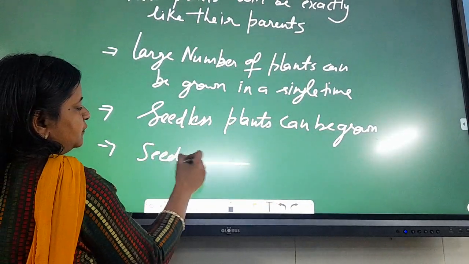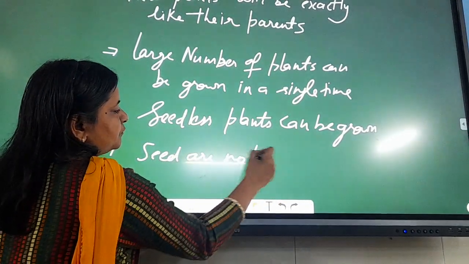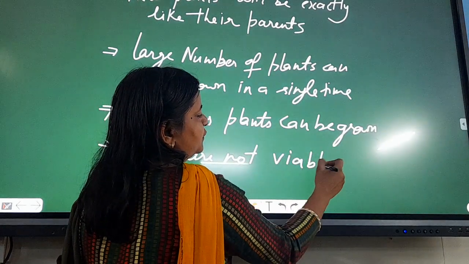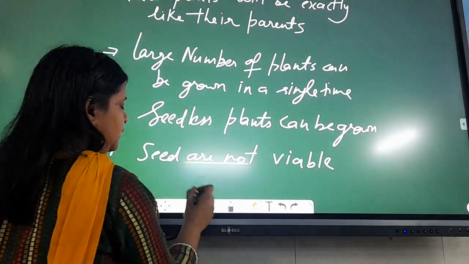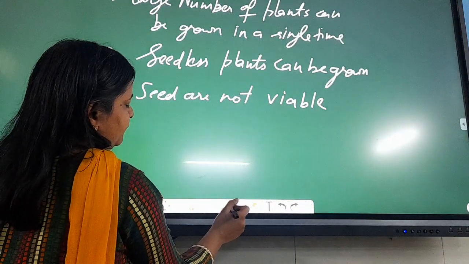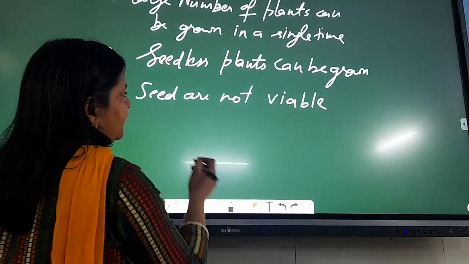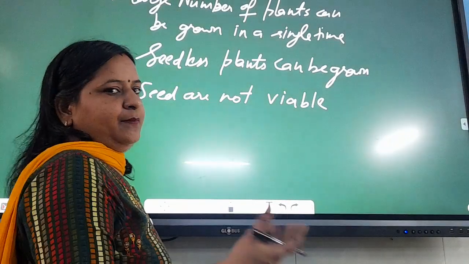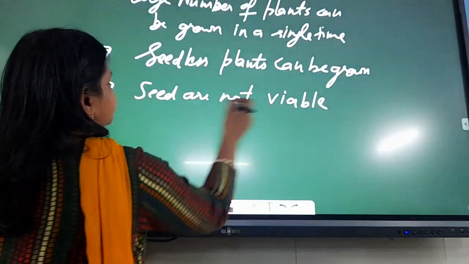If seeds are not viable, meaning they don't remain active for a long time, and they are not active, they can also be grown with the help of the vegetative parts.